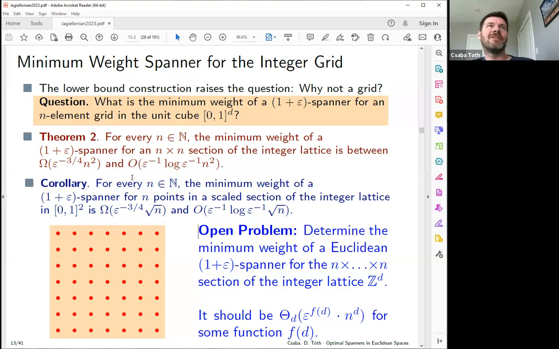The other annoying part of this problem is that I don't know whether the upper or lower bound is right for the grid. What is clear is that it should be in this format: the dependence on n is clear, and the only question is the dependence on epsilon.